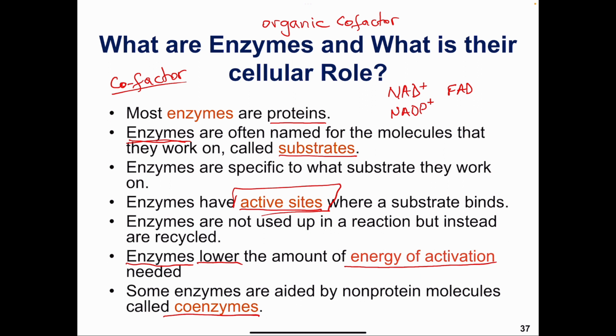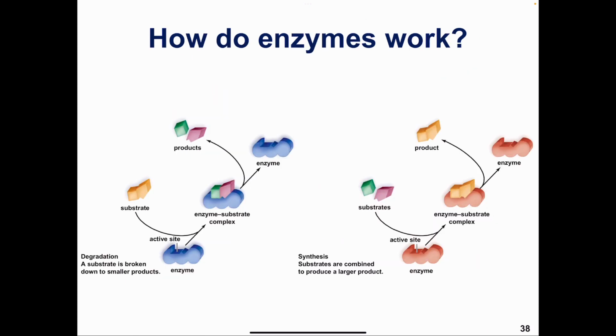Why do I say organic cofactor? Because there are some cofactors that are not organic. If you think, for instance, of zinc, calcium, or iron, these are all chemicals that can react with an enzyme to aid the enzyme in becoming fully active. Okay? Let me close that parenthesis.